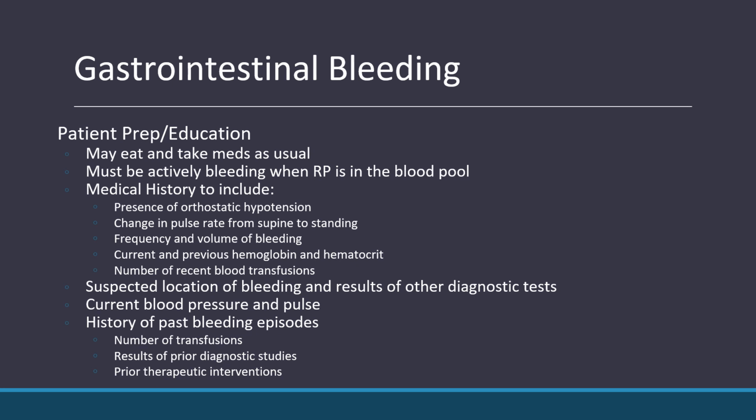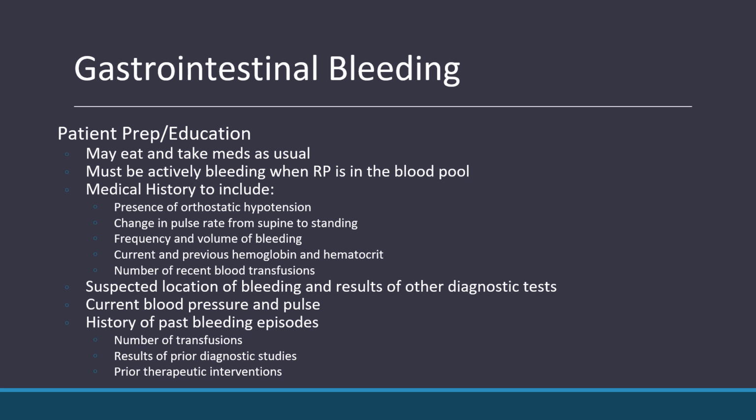Any current and previous hemoglobin or hematocrit levels, and the number of recent blood transfusions. And like I said, you also want to make sure that they're not actively receiving a blood transfusion when you administer it to them. Suspected location of the bleed and the results of any other diagnostic tests.